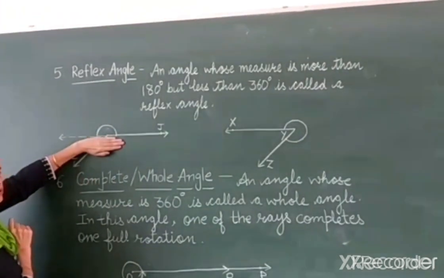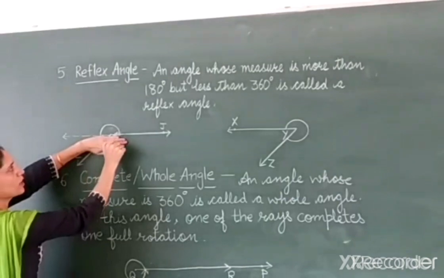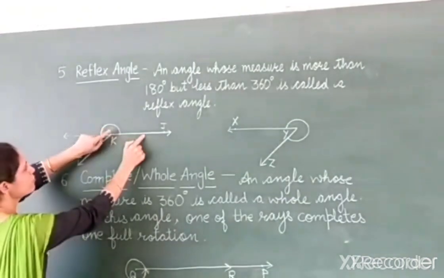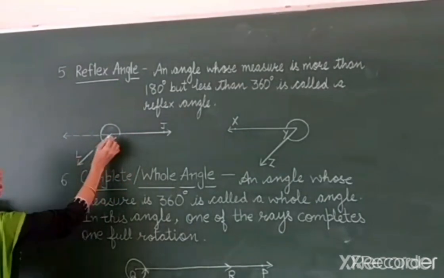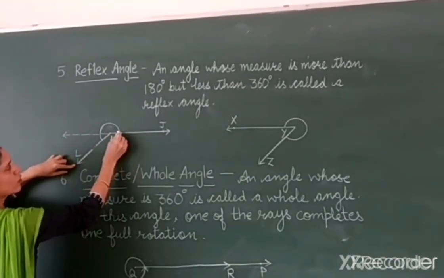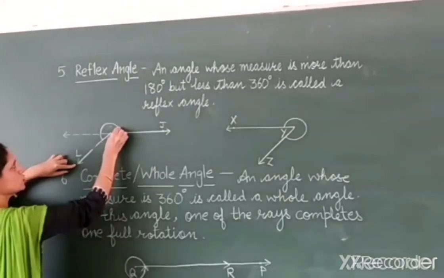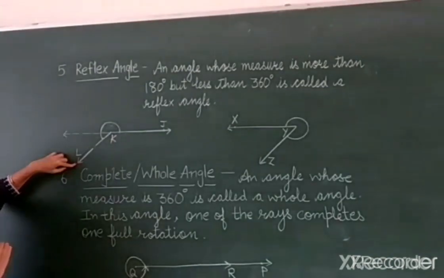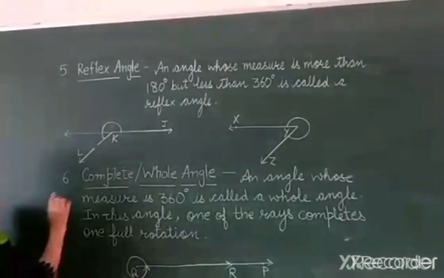These two rays are opposite to each other, so it forms an angle of 180 degree. When this ray moves away from this ray, now this ray comes to this point. Now from this position to this position, this is known as reflex angle.